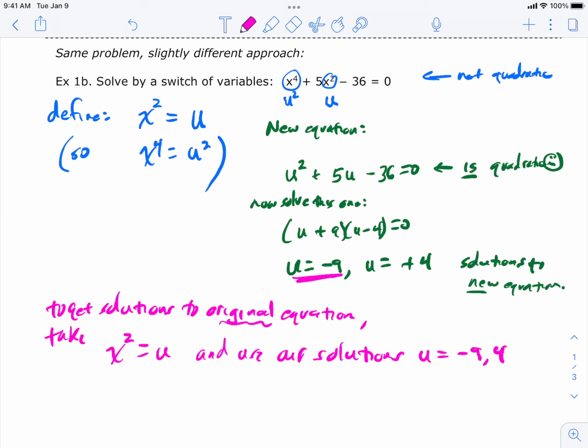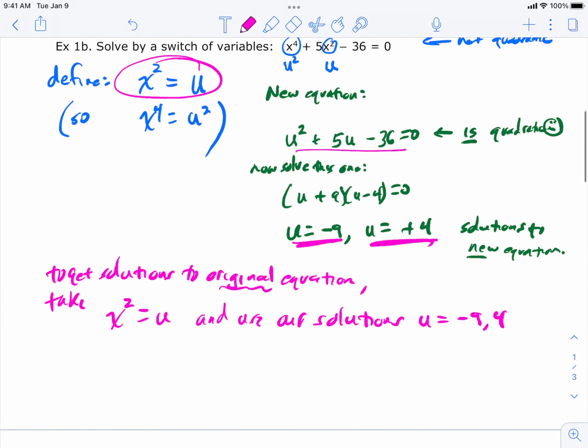In other words, we figured out what u is by solving the new equation. u is either negative 9 or 4. Well, here's what u is. That's how we defined it when we did this whole switching of variables in the first place. We said u is going to be the same as x squared. So you take that and you use the negative 9 and the 4 to say, either x squared is equal to negative 9 or x squared is equal to 4.